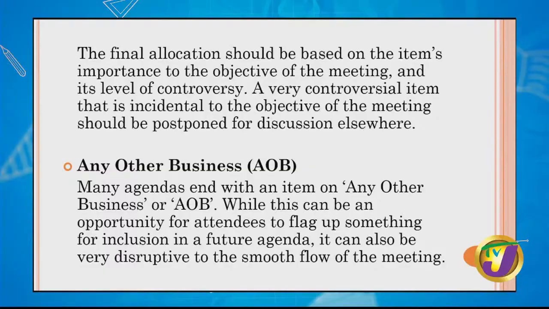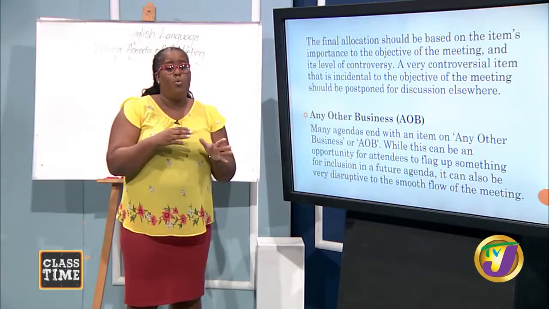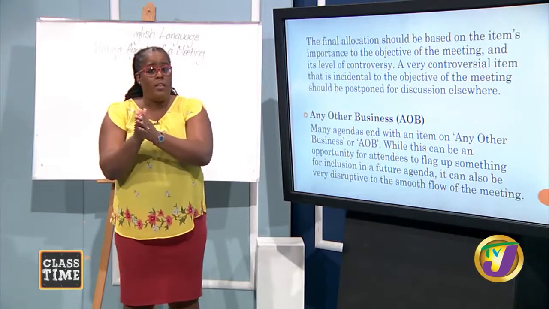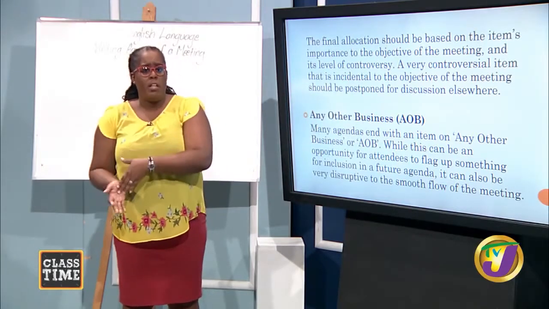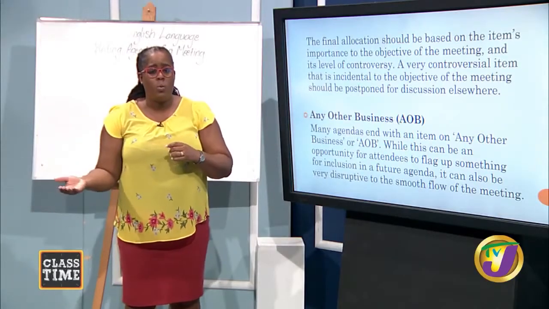All right, so any other business is usually where staff members or attendees would give their input, right? And it would be good, as the chair of the meeting, for you to gauge any other business. If you realize that it is something that is not important to be discussed here, then you could just tell the person, okay, if you wish to speak to this person outside of the meeting, then I suggest you do so, right?